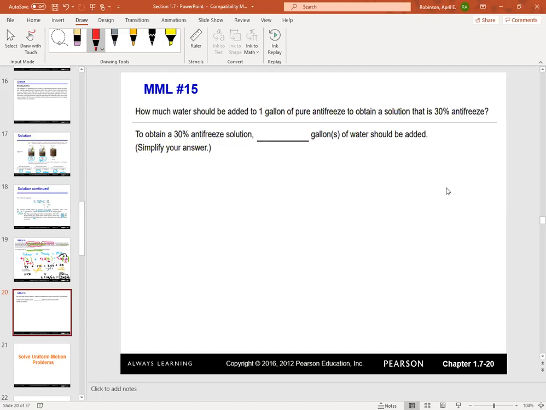This is just like the mixture with the peanuts and cashews, where it was a dollar amount, except this time it's a percentage amount. So, how much water should be added to 1 gallon of pure antifreeze?